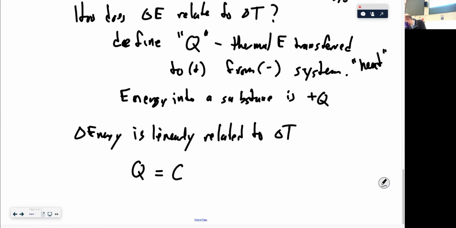Q equals C delta T. That's what linearly related means. If I double the Q, I double the delta T. No, that's a capital C, first of all, and it's not the speed of light. It's a proportionality constant. We haven't defined it yet, but it is some proportionality constant that we're actually going to keep calling C, but it's definitely not the speed of light.